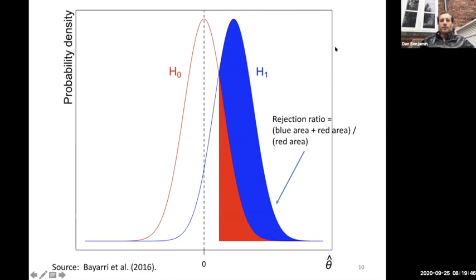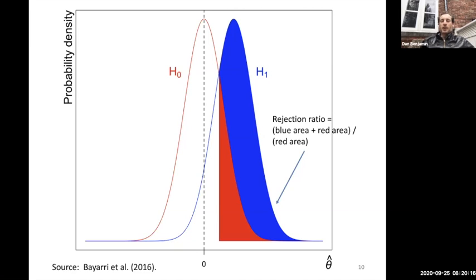The blue curve is showing the probability density for our parameter estimate under the alternative hypothesis, where I'm assuming that the alternative is some positive true value for theta. So that's where I'm centering this distribution for the alternative hypothesis. Now, statistical significance means that we get an estimate which is larger than some threshold.